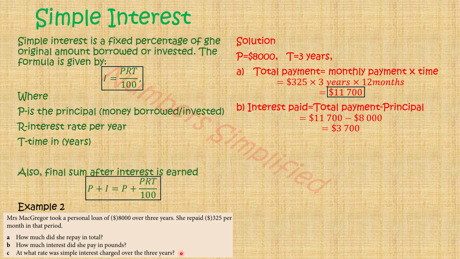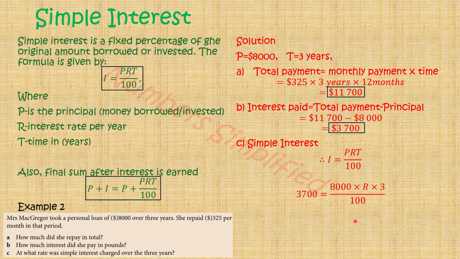Now let's jump into part C, the simple interest. We know the formula for simple interest is I equals PRT over 100. Now we know what we are given. We have the amount of 3,700 as the interest, because that is the interest that is paid out. We have the principal, that is 8,000. We have the time in years, 3 years.